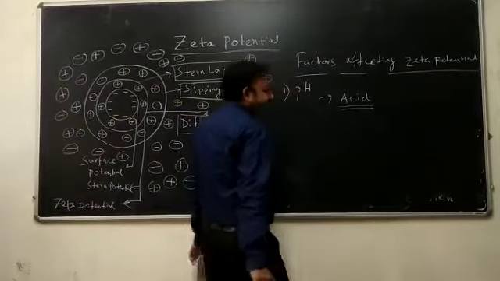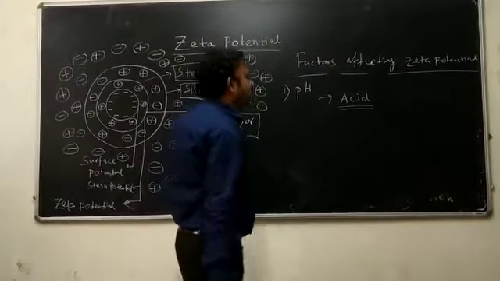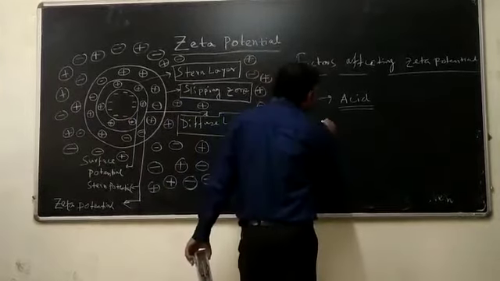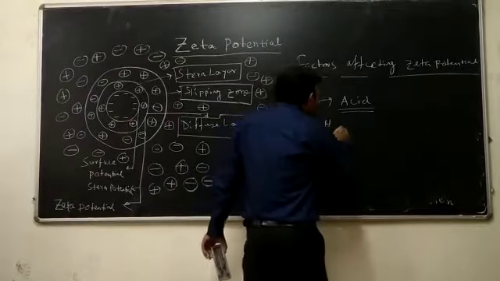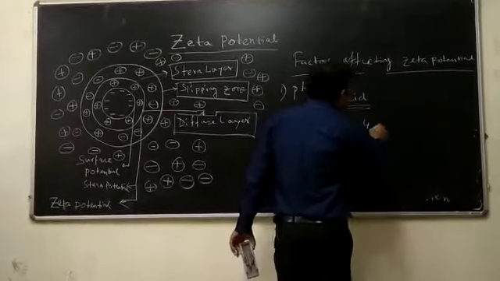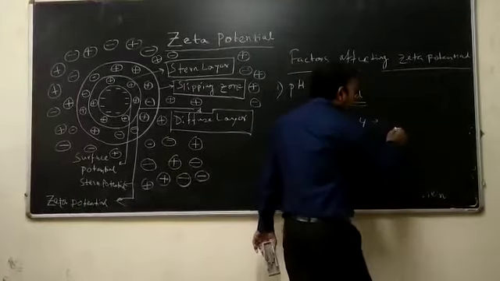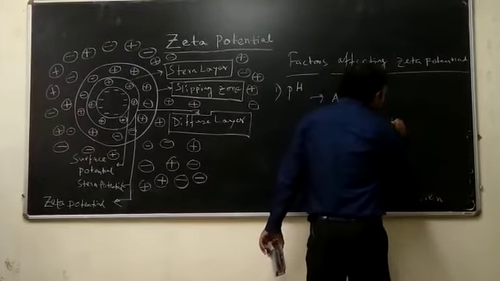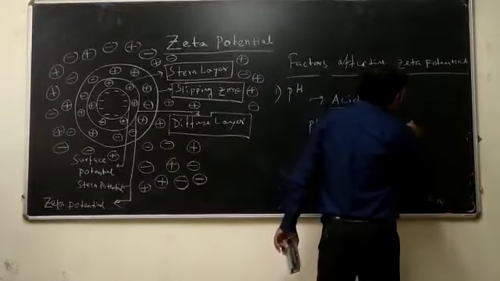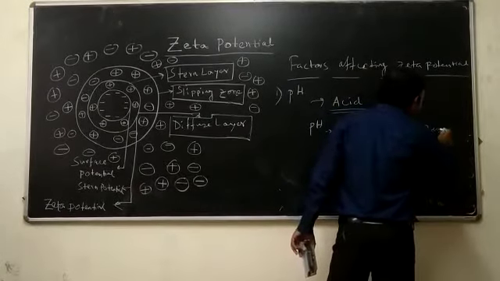At a lower pH, as we provide H plus ions to the colloidal dispersion, at pH 1 to 4, the zeta potential will increase.